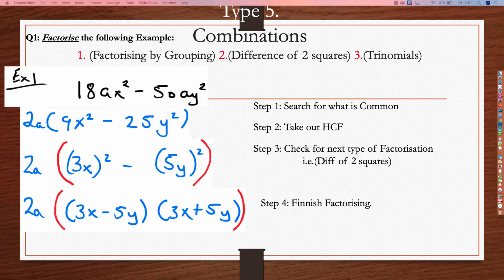Factorize 8ab squared minus 2abq squared. Factorize that.